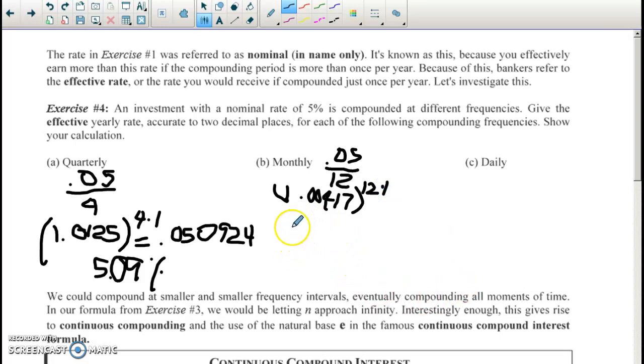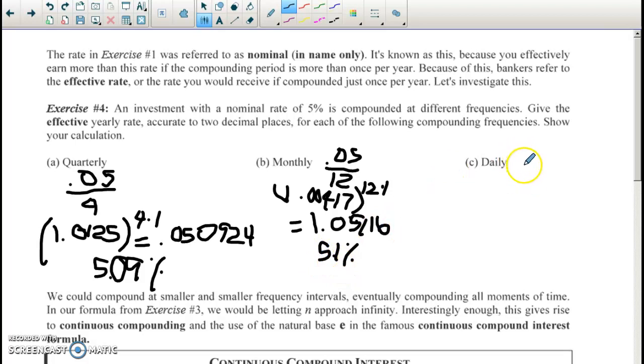This gives me an effective growth rate, rather, of 1.05116. So roughly, here's my 5%, but it's really 5.116, so 5.1% per year. So again, they say it's 5%, but if I compound 12 times, I'm really getting 5.1%.